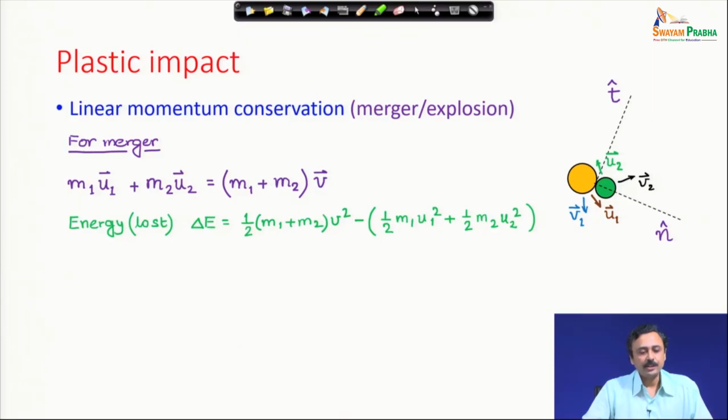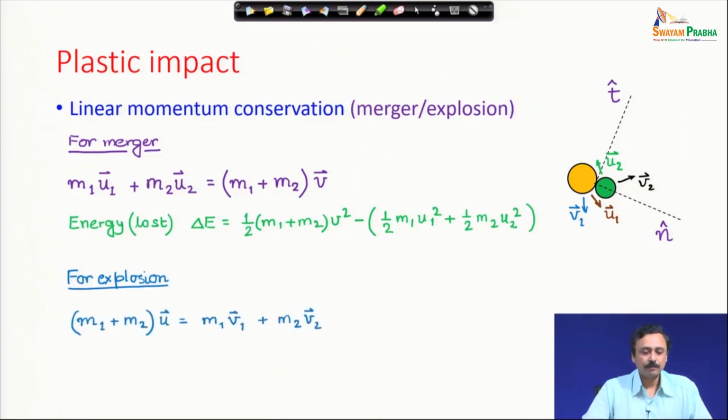And you can calculate the energy that is lost by calculating the final energy, which is half (m1 plus m2) v square, minus half m1 u1 square plus half m2 u2 square. So, by calculating the difference in the energy, you can calculate the energy lost.